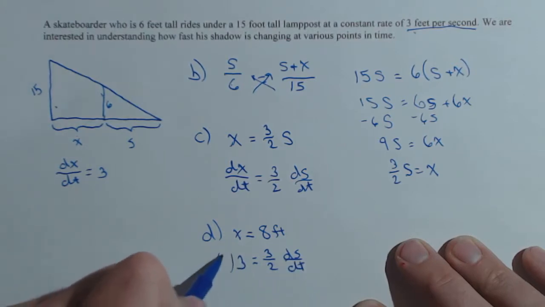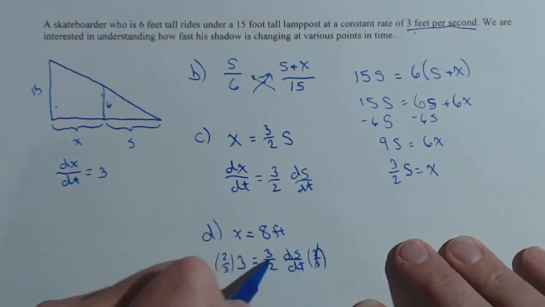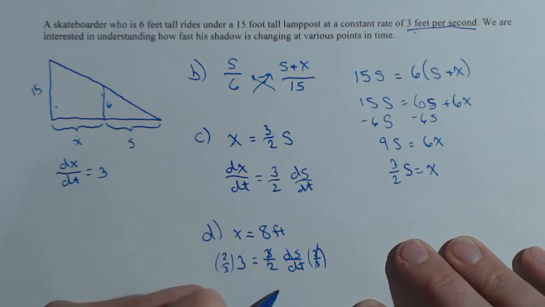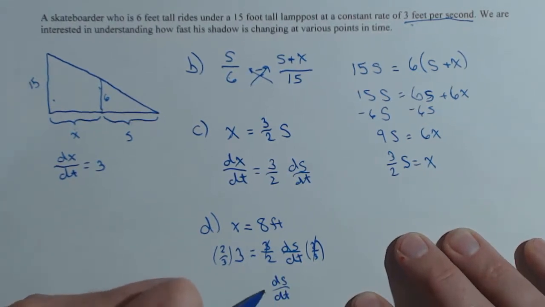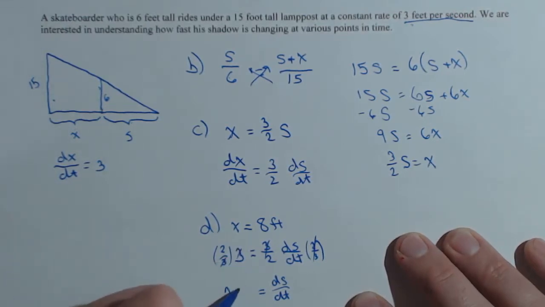So we multiply both sides by 2/3 to cancel that out. And what we're going to get is that ds/dt equals 2, because those 3's will cancel there, and our units will be feet per second. Alright.